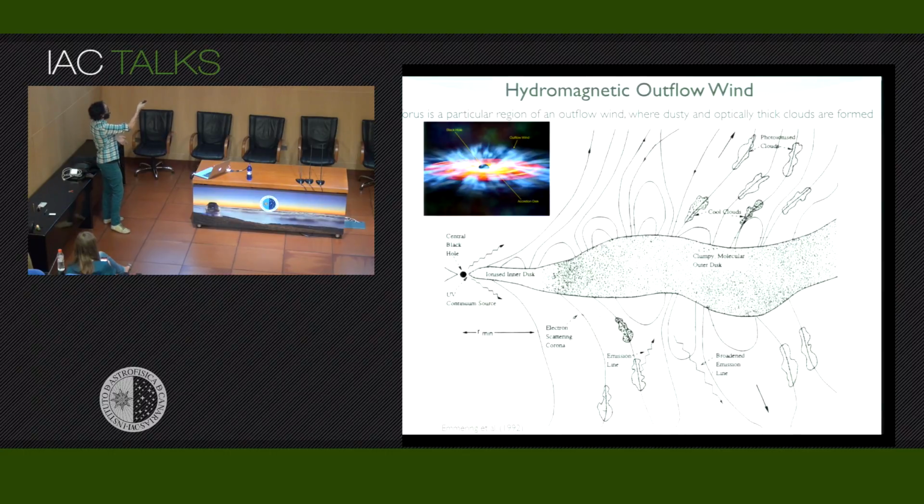So we have a continuum outflowing, moving away from this highly ionized region, and what we will have is a clumpy distribution of clumps surrounding the central engine, with dust formed inside of the clouds.